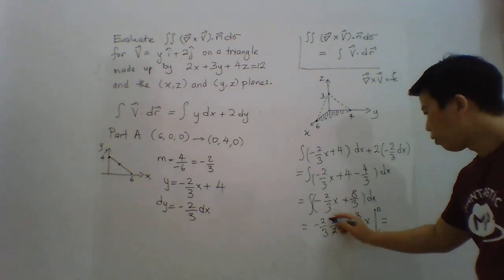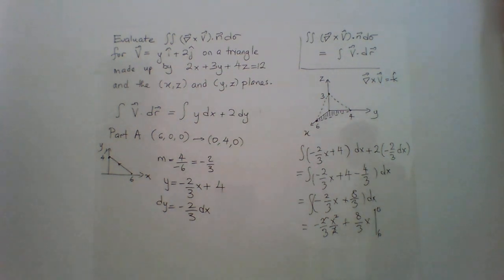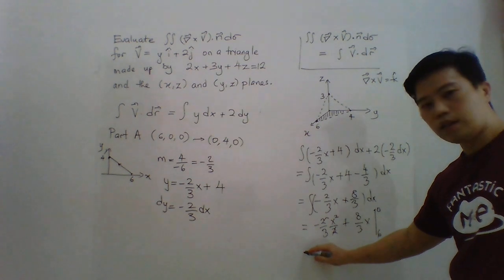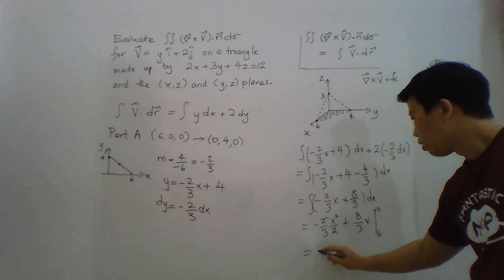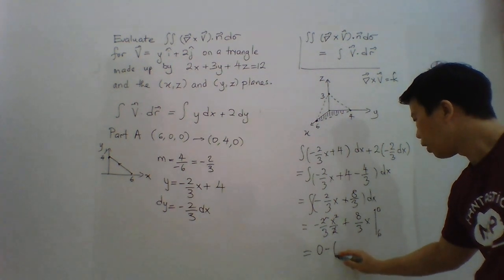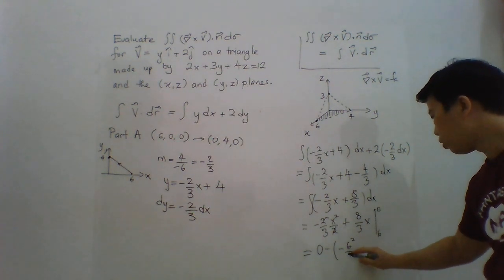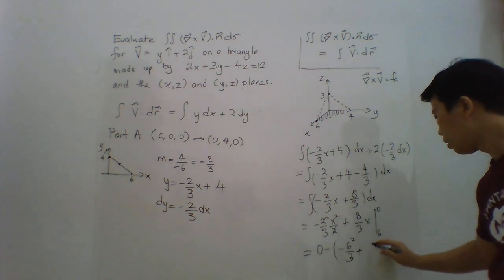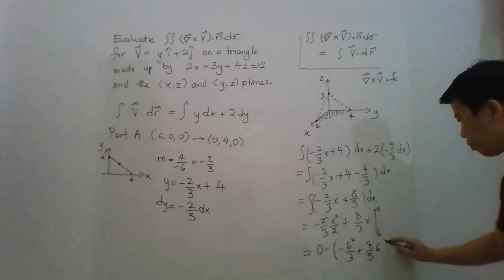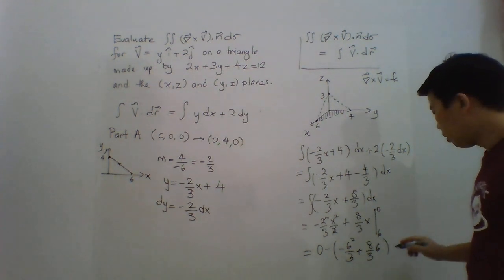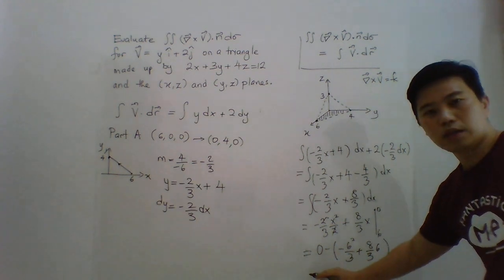And this is going to be equal to 0 minus, this is minus 6 squared over 3 plus 8 over 3 times 6.